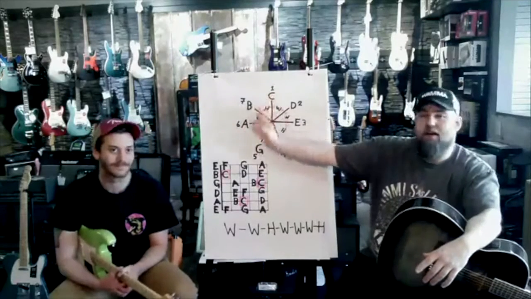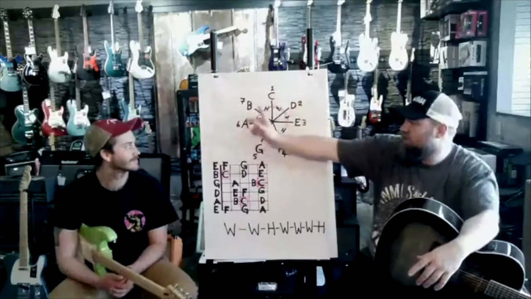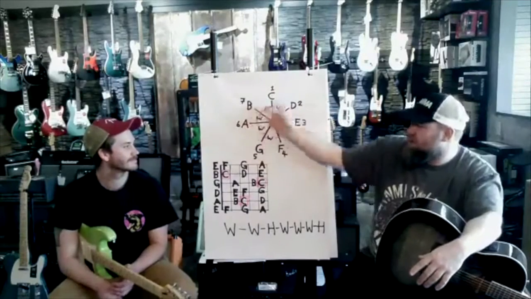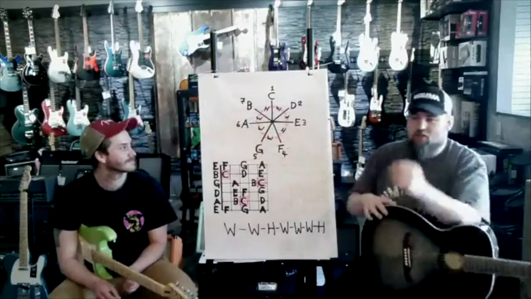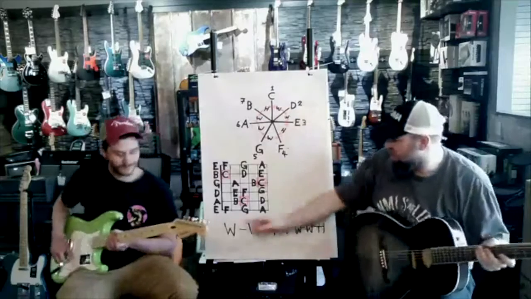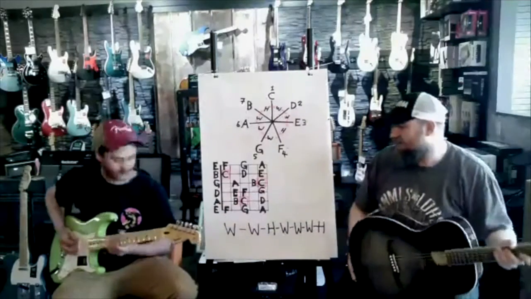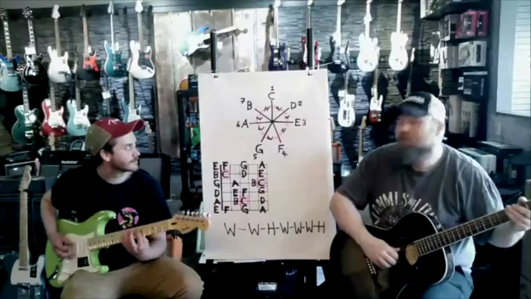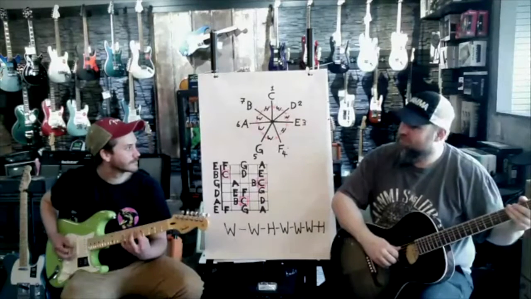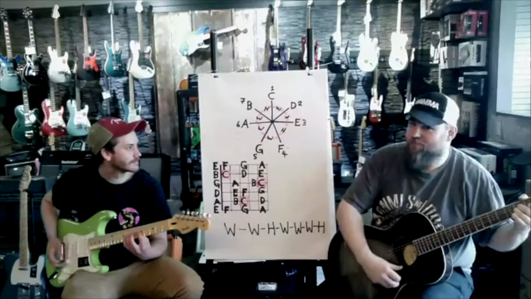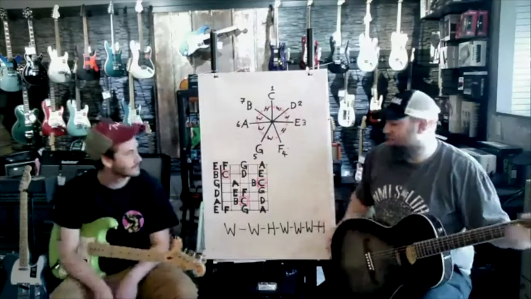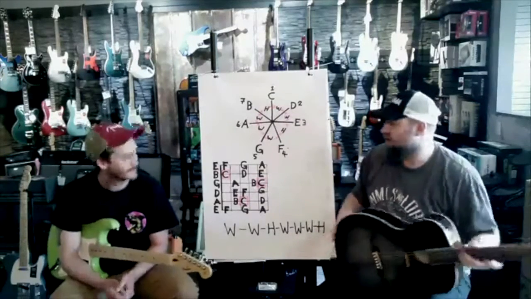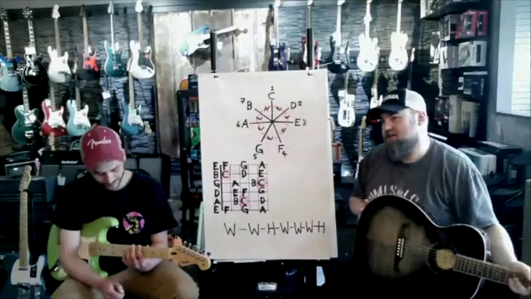So A minor is all the same notes as C major, except you're starting with an A. So if you were to find an A on here and just play through, then you're playing a minor scale. So you can get two scales in one.